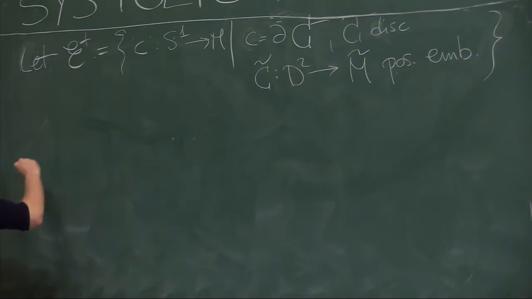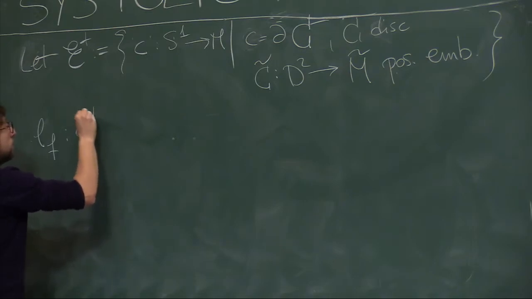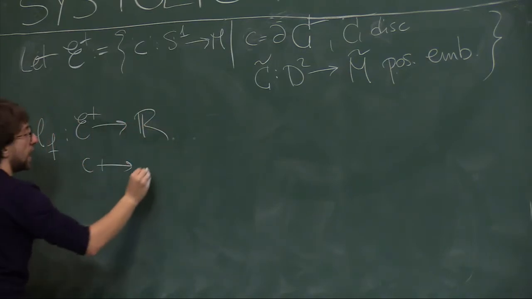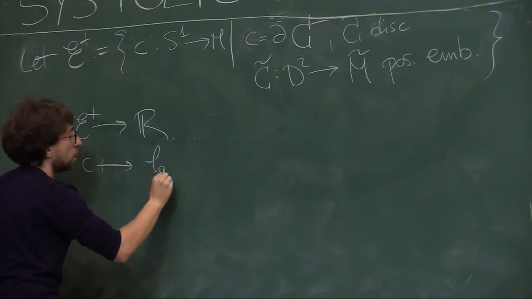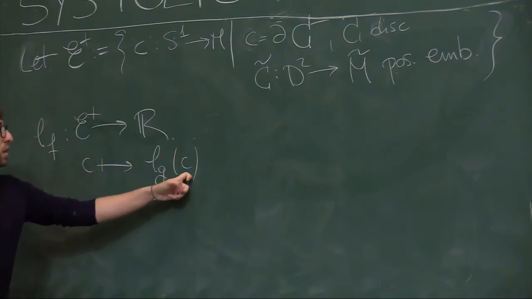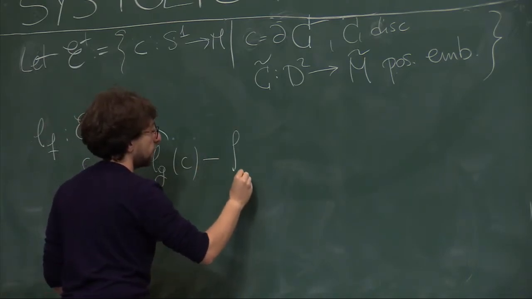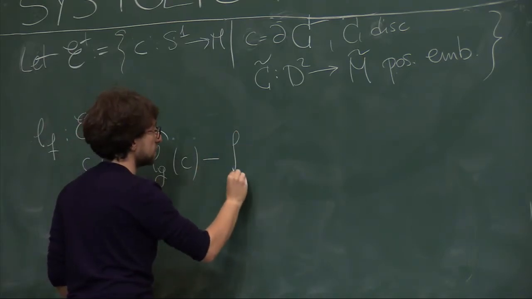And now on this space, I can define a variational principle, L_f. I just take a curve c, and I consider the length of c with respect to the metric g, and I subtract the f-area of the disk.